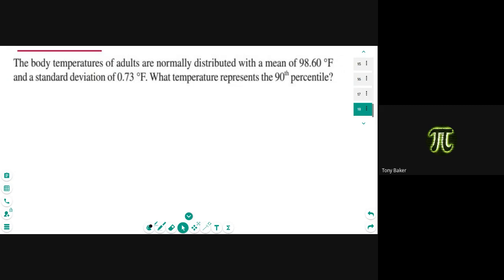All right. Body temperature of adults is normally distributed with a mean of 98.6 and a standard deviation of 0.73 degrees Fahrenheit. Which temperature represents the 90th percentile? So how would we go about doing this?